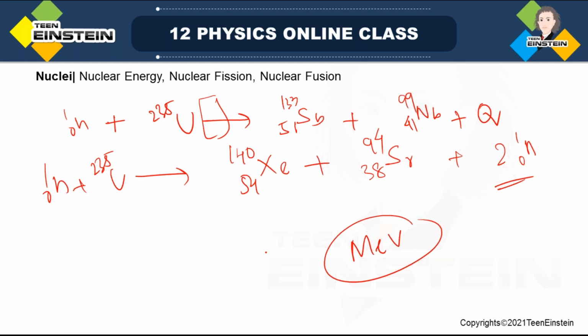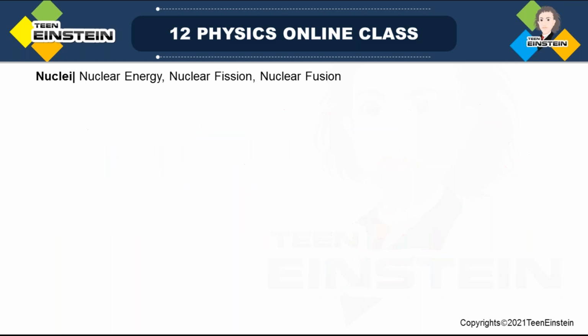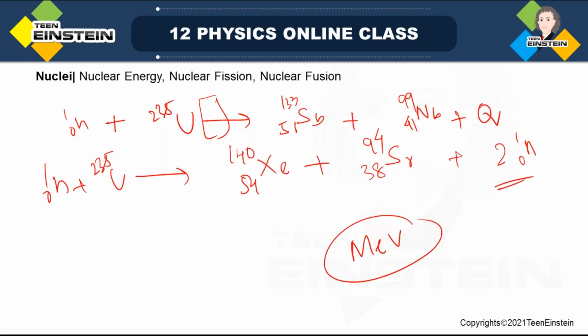Okay, so this is about fission. Now I'll just introduce the fusion reaction. In this case, the amount of energy which is released is called the Q value.